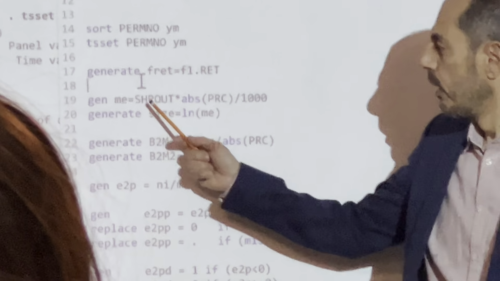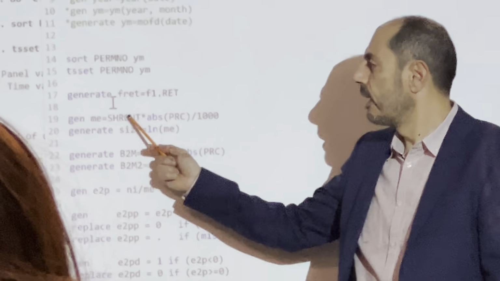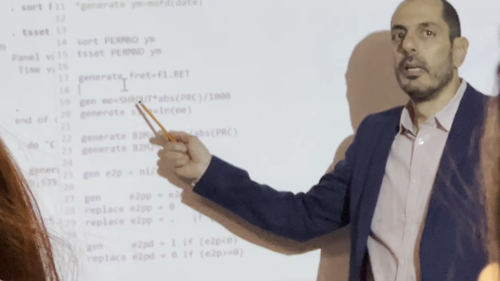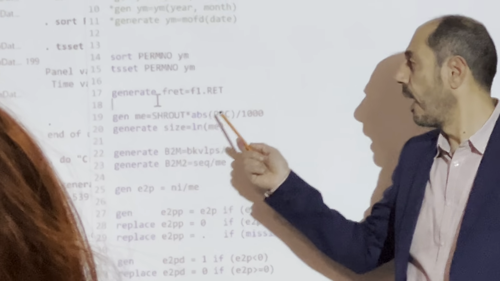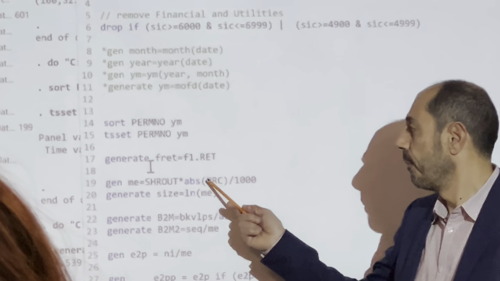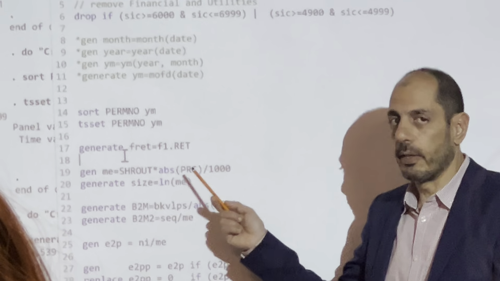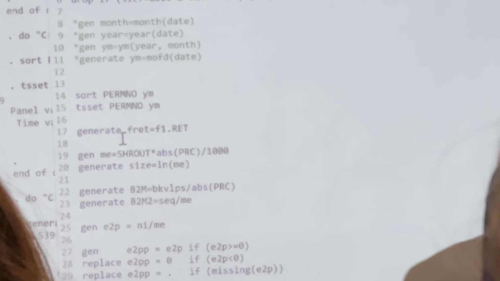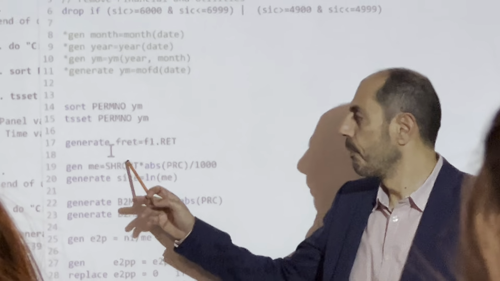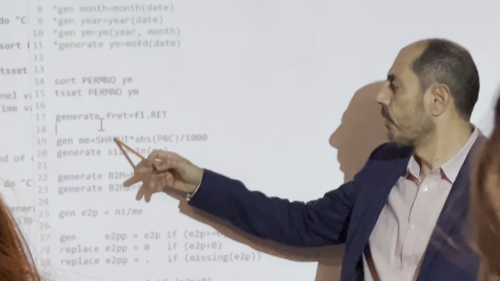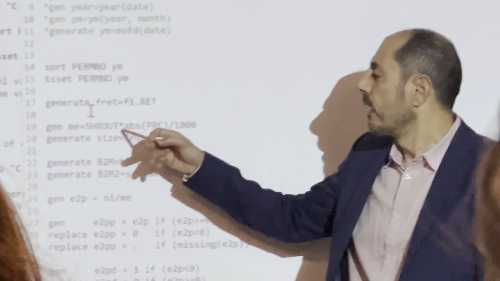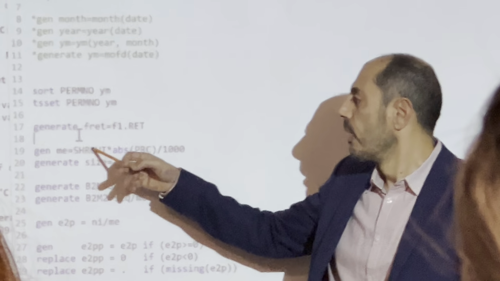And we divide by 1,000 because the CRSP items are in thousands. CRSP provides the data, if not prices or dividends or something, in thousands.